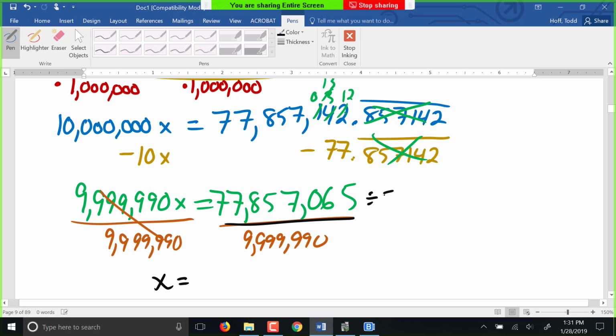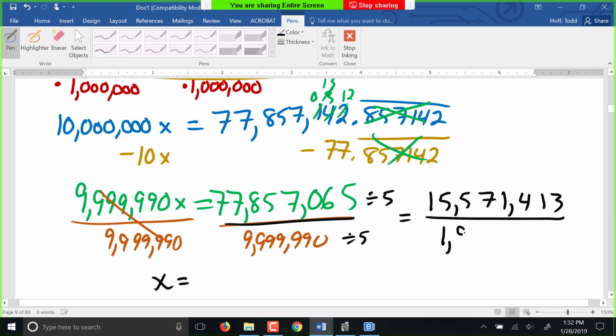They both end in a 5 or 0, which tells us both of them can be divided by 5. Which gives us 15,571,413 on top. On bottom, 1,999,000.